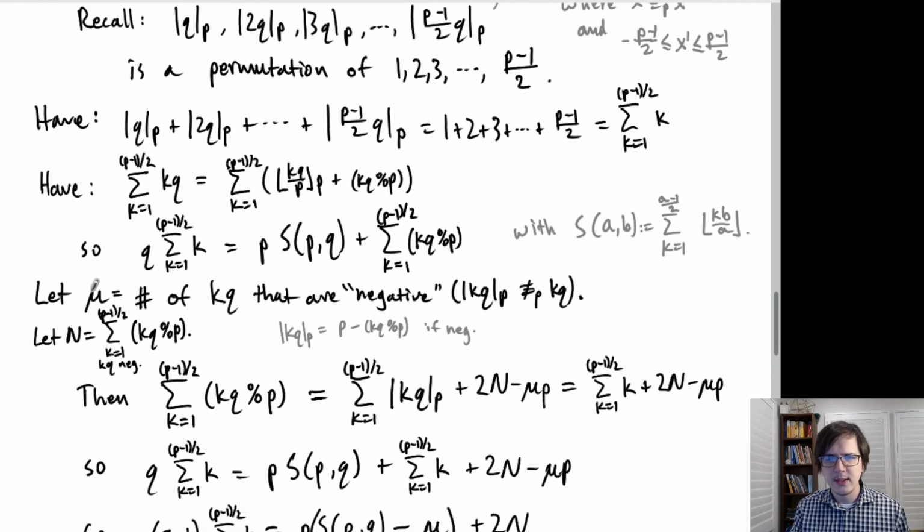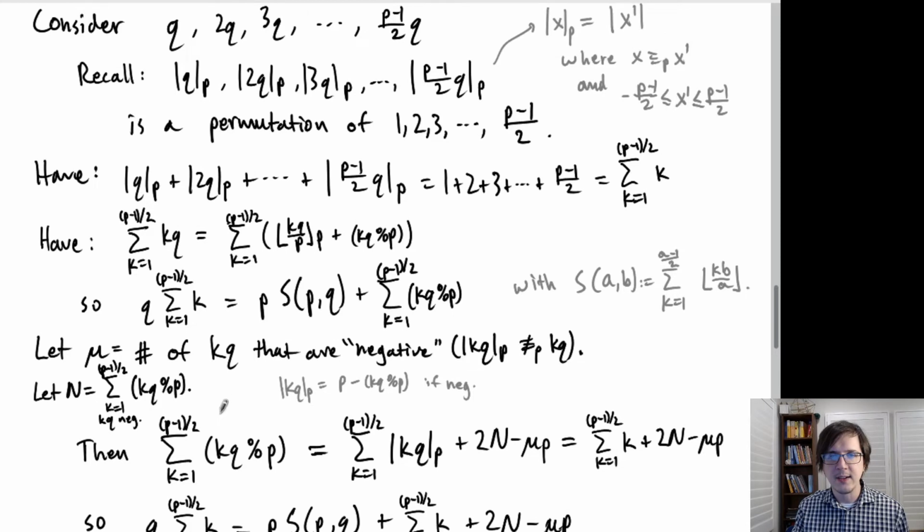Just like in the statement of Gauss's lemma, let's have mu be the number of those kq that are negative. In the previous video, negative meant congruent to a negative number in that set R. And also here we can say it's when the absolute value is not congruent to kq.